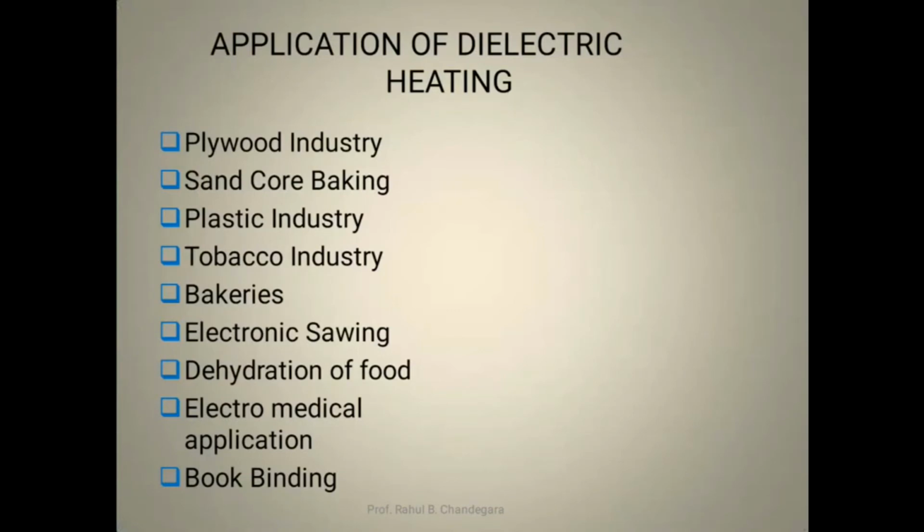Also the tobacco industry, bakeries, electronic sewing, and dehydration of food, to remove the moisture from the food. This process is called dehydration of food, and in that method we are using dielectric heating. Other applications are electromedical applications and book binding.